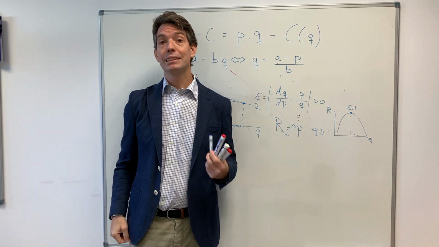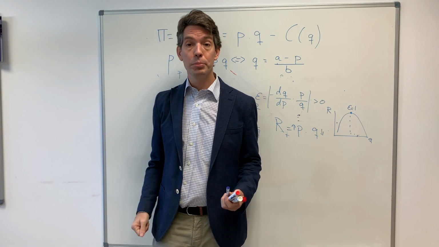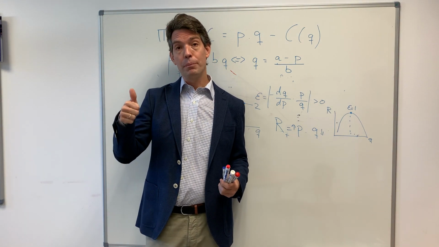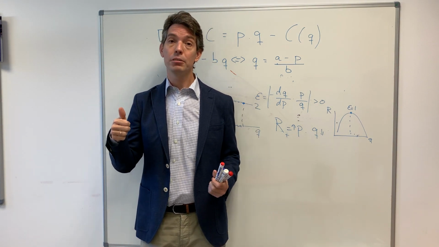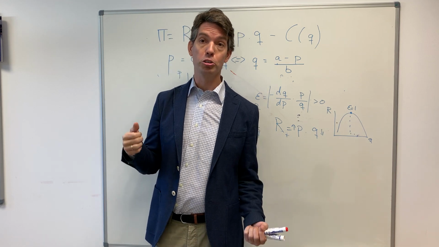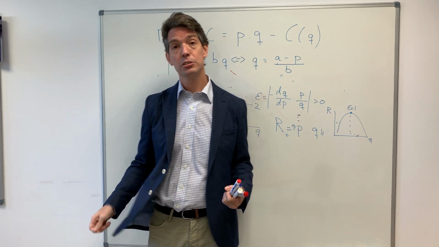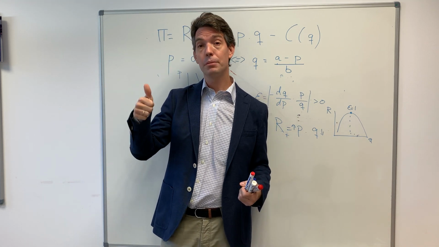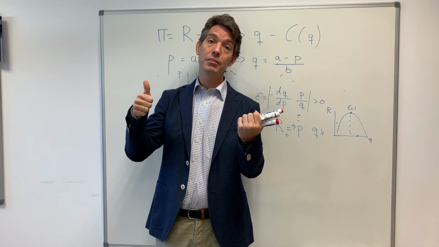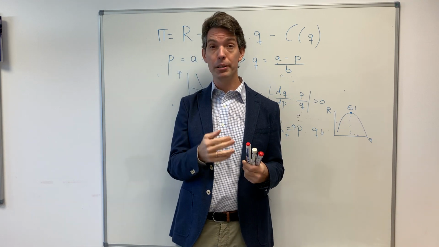Why? Because if the elasticity was bigger than 1, it would mean that you increase the price by 1%, but the quantity demanded decreases by more than 1%. So you're going to be losing revenue. However, if the elasticity is smaller than 1, it tells you that you can keep raising the price. You raise the price by 1% and the quantity decreases by less than 1%, so your revenue will go up.